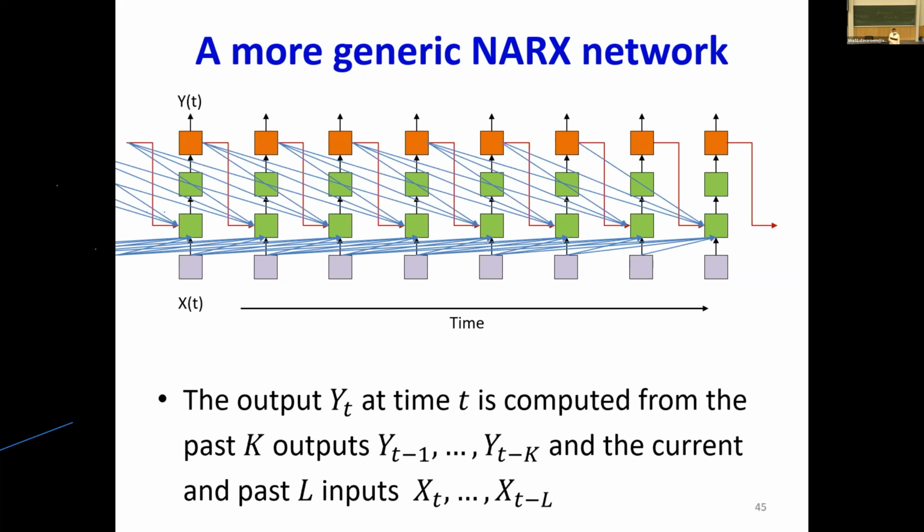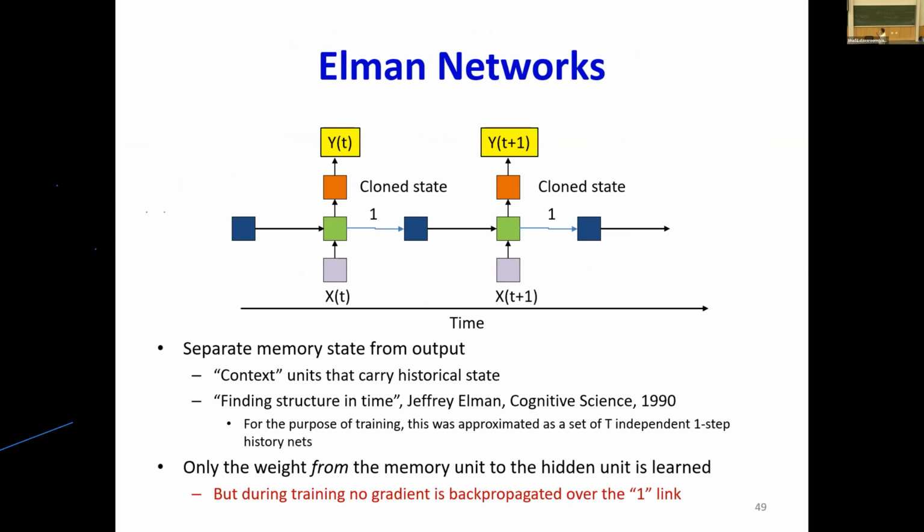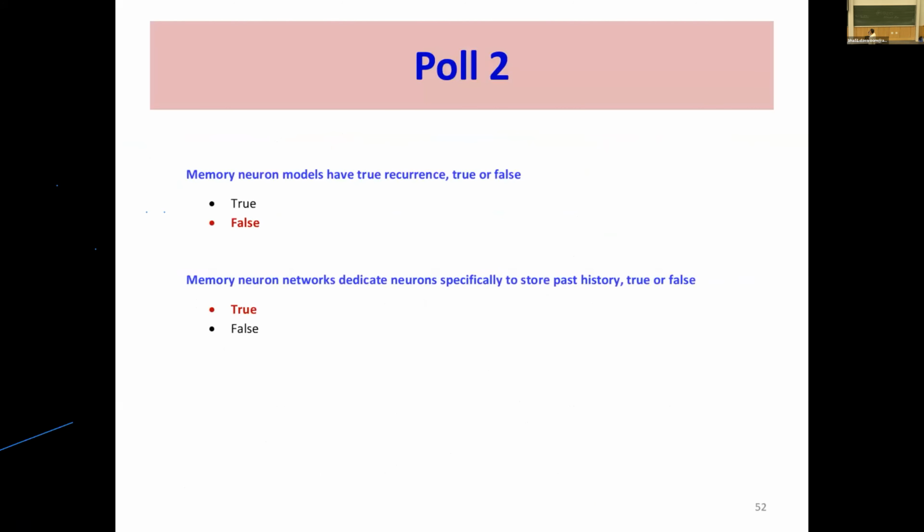And these memory networks have no way of back propagating the derivative that far back to make sure that minor influences are carried forward all the way through time. Also, in both of these cases, you're dedicating a neuron specifically to store memory. So they have incorporated some component within the model to store memory, but it's still not full recurrence.